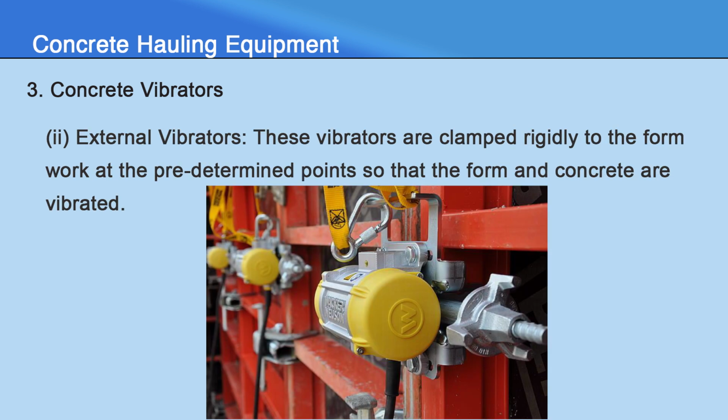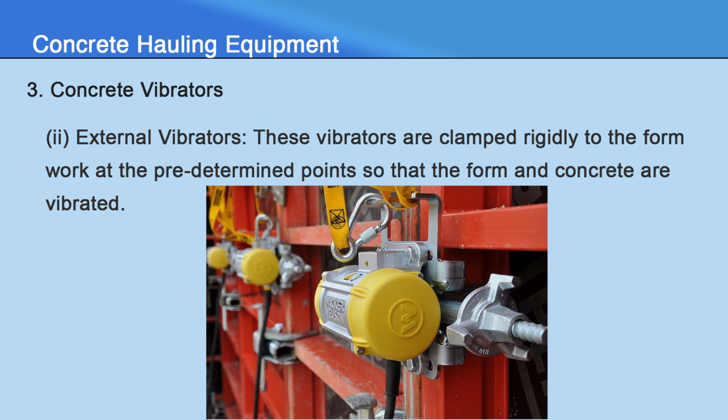External vibrators. These vibrators are clamped rigidly to the formwork at predetermined points so that the form and concrete are vibrated. They transmit vibrations to the concrete via the formwork.